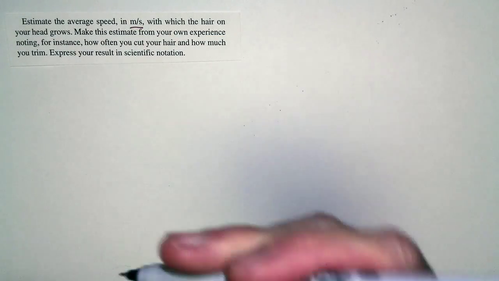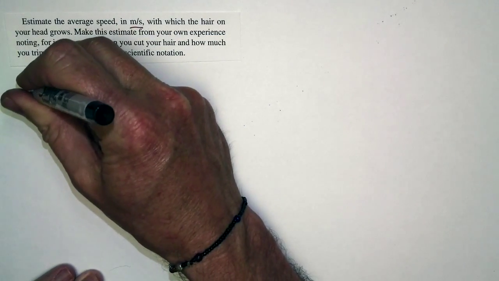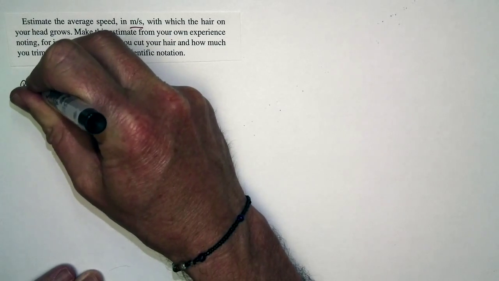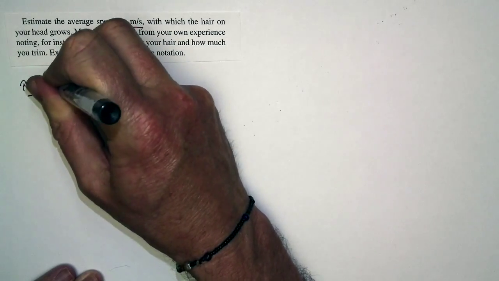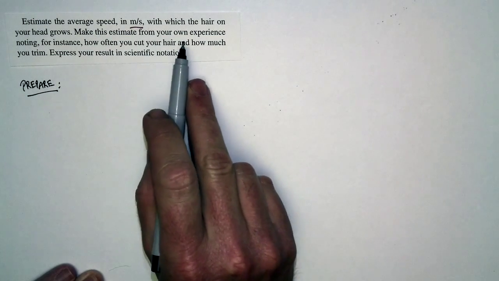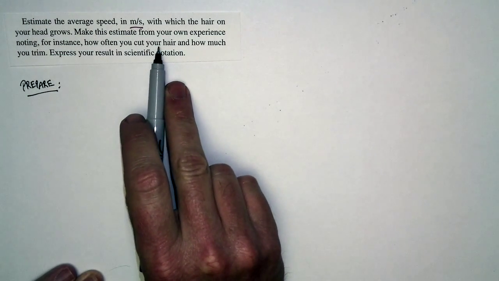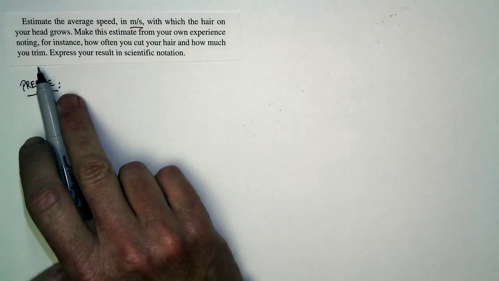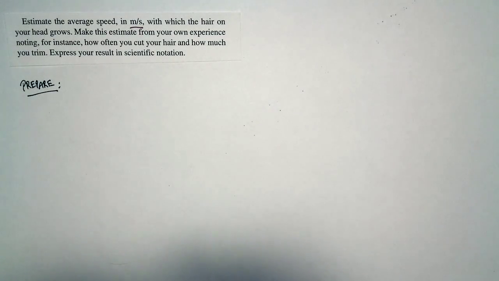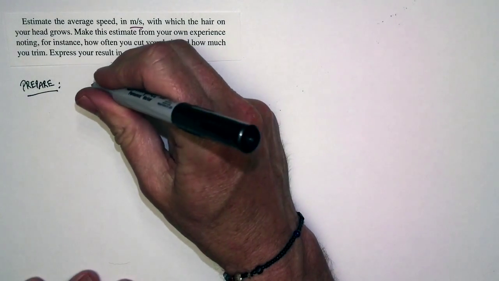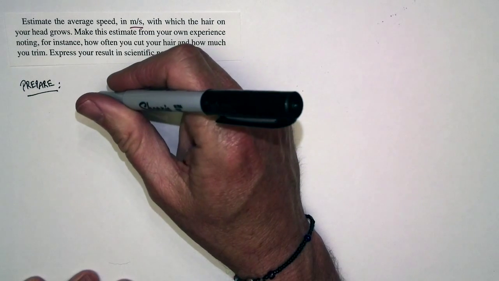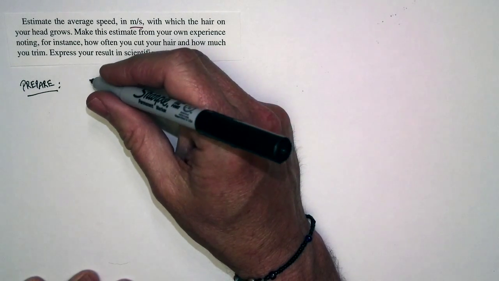And our preparation is going to consist of a couple of pieces. First off, we need to make an estimate from the experience of how often you cut your hair and how often you trim. Well, in my case, I trim my hair about once every year. And if you've ever seen me in the pre-lecture videos, that won't come as a huge surprise.